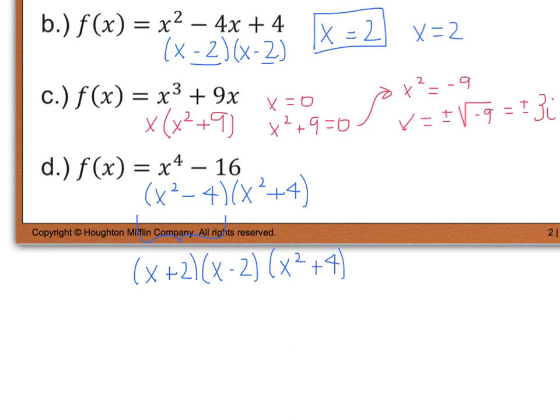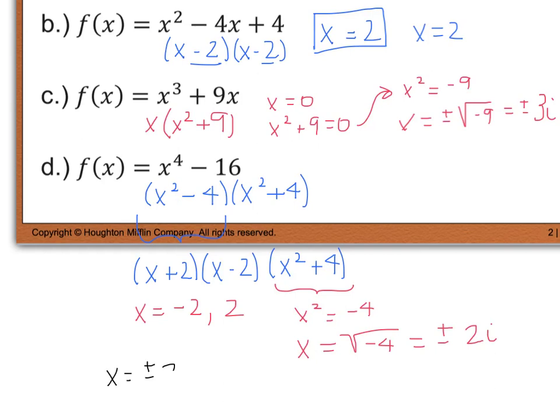Well, when I go and set my factors equal to 0, this is going to give me x equals negative 2, I get positive 2, and then for this factor here, I have x squared equals a negative 4. So again, if I square root that, I end up with x equals the square root of a negative 4, which is equal to plus or minus 2i. So my zeros then are x equals plus or minus 2 or plus or minus 2i.